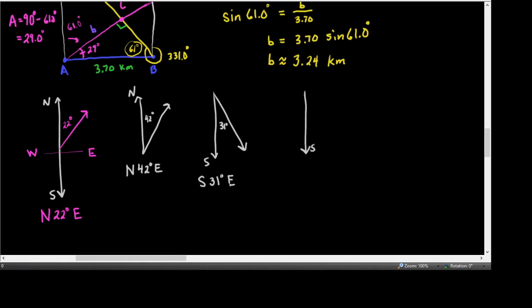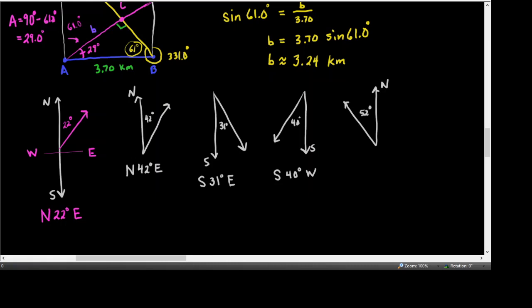This is due south. This is, say, 40 degrees. How would you name this one? We're starting at south, and you're moving 40 degrees. And which way from due south are you moving? West of south. Okay, and then the last example they give us looks something like this.